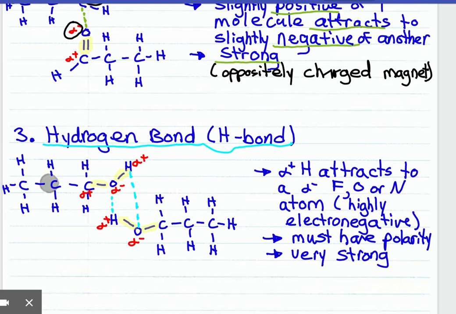Now, for a hydrogen bond to happen, it has to be a hydrogen attracting to either a fluorine, an oxygen, or a nitrogen atom.